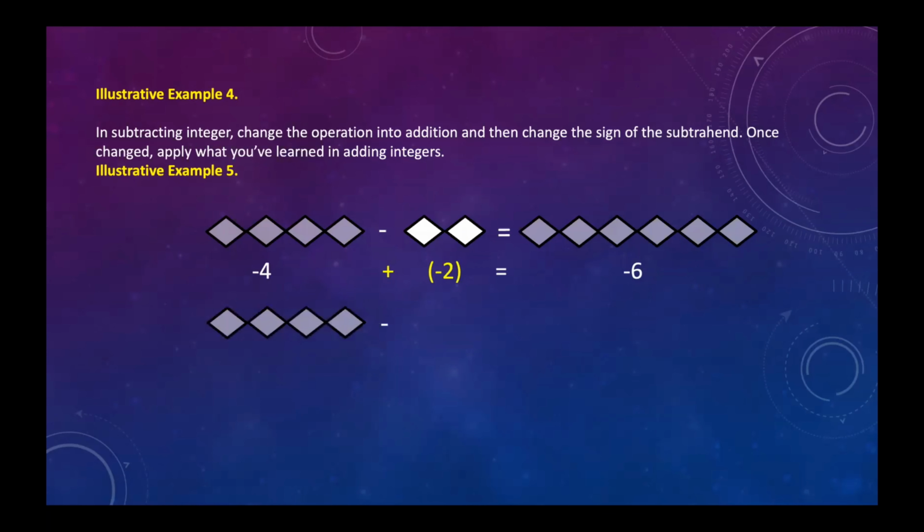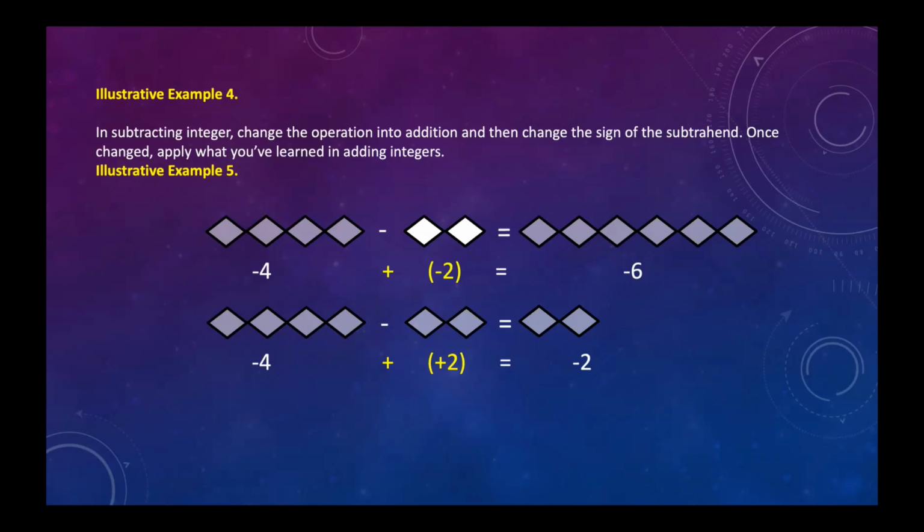Okay, second example. We have negative 4 minus negative 2. The answer would be negative 2. Paano nangyari yan? Okay, again, we will change the operation to addition. And then the negative 2 sign will make it positive 2.